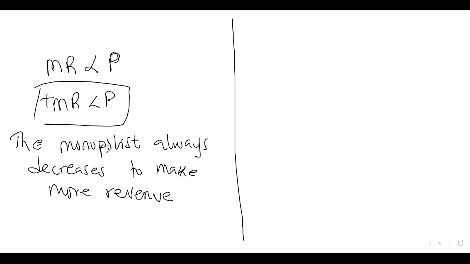That is what this condition means. If your marginal revenue is always less than your price, it means that anytime you want to get an additional revenue, you have to decrease the price. That is the meaning of this notation.